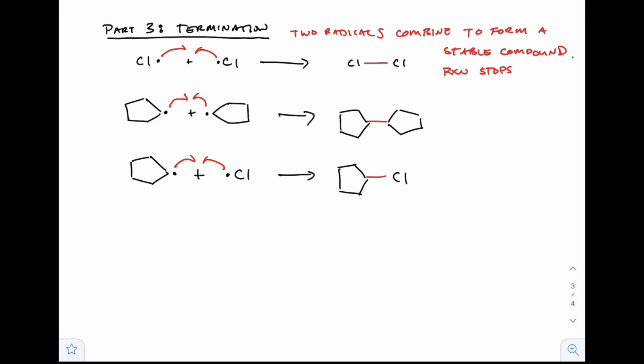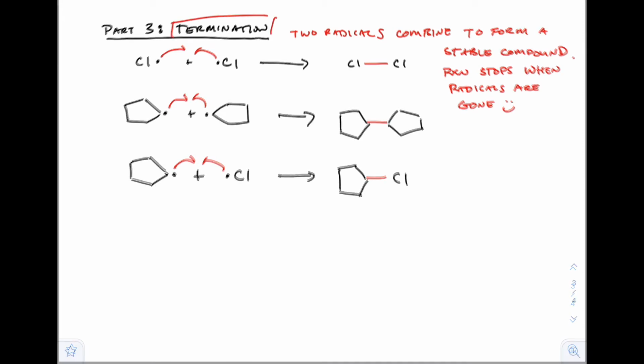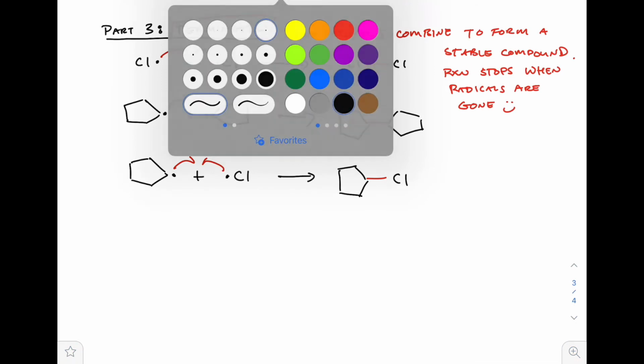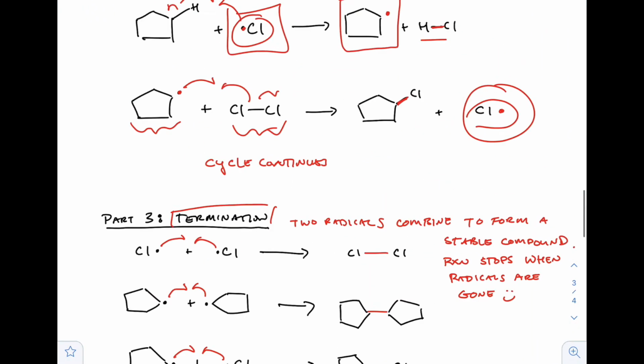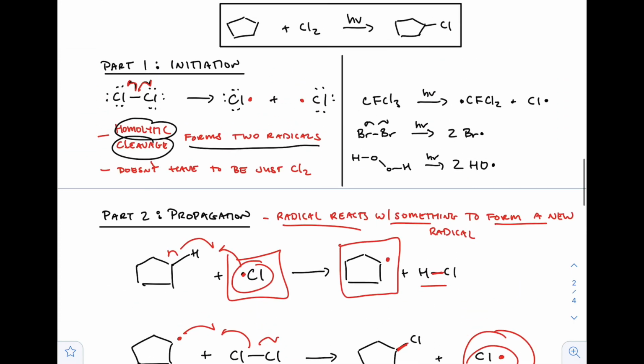And if a large proportion of those radicals come together to do that, then essentially the reaction slows down and eventually stops. It's all about statistics, right? The more radicals you have present, the more stuff that can go on, because radicals can either do what you want them to do or not. They can wreak havoc or make the product that you desire, right? And so that's just how it is.